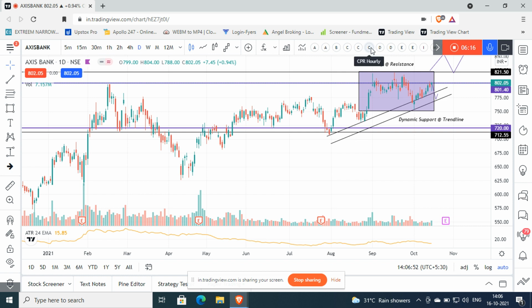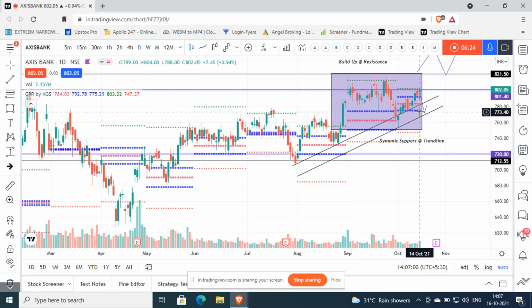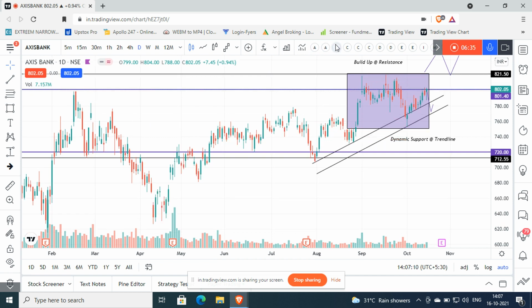So based on the above criteria, the final indicator we are seeing is CPR, where the script was above the CPR, and it may turn to be a bullish bias of CPR. So with the confluence, we came to know that the script was on the long side.